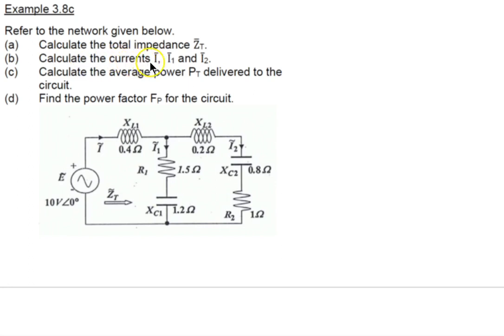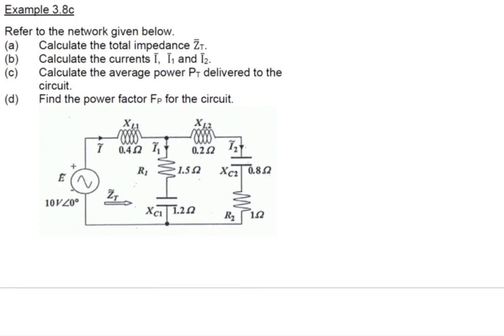Part B, we want to calculate the current I total, which is coming into this circuit, and the two branch currents I1 and I2. And we want to calculate the average power PT delivered to this circuit. And finally, we want to calculate the power factor of this circuit. Well, let's see how we do this type of questions.